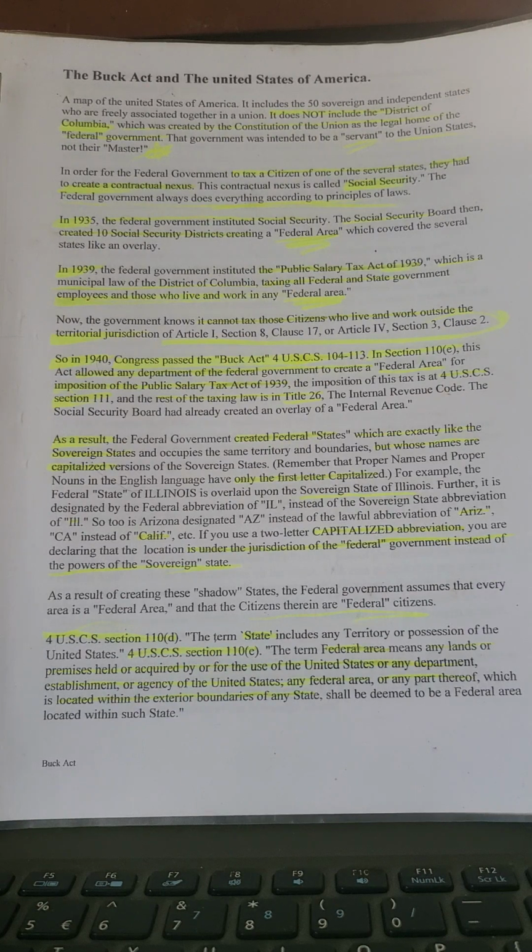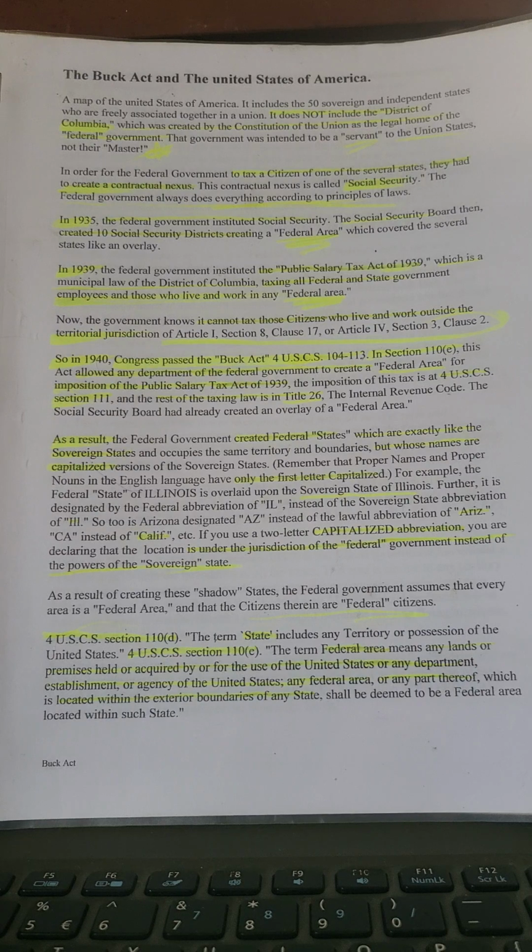But those names are capitalized versions of the sovereign states. Remember that proper names and proper nouns in the English language have only the first letter capitalized. For example, the federal state of Illinois is overlaid upon the several states of Illinois or Illinois state.